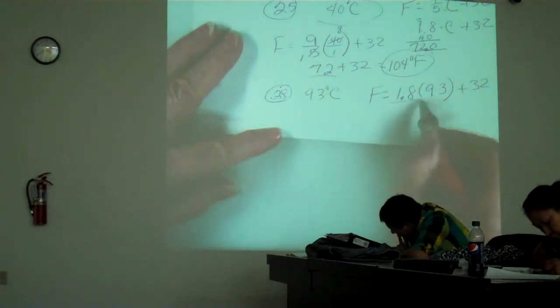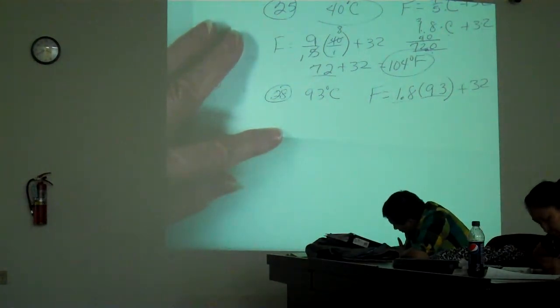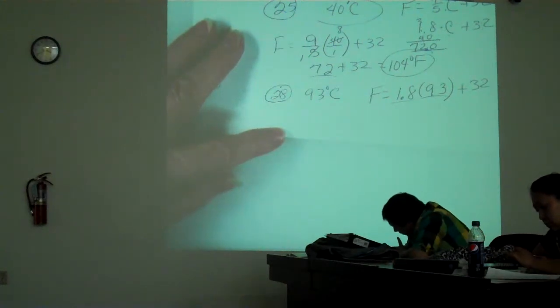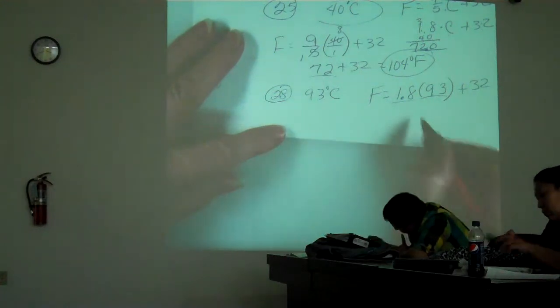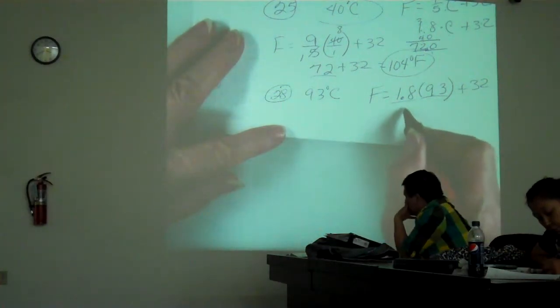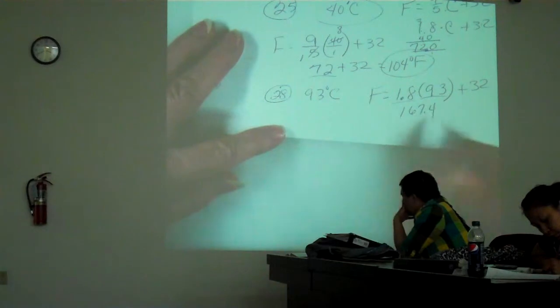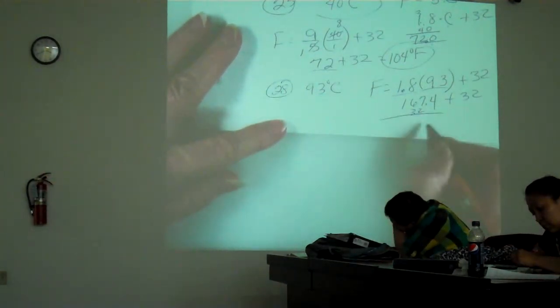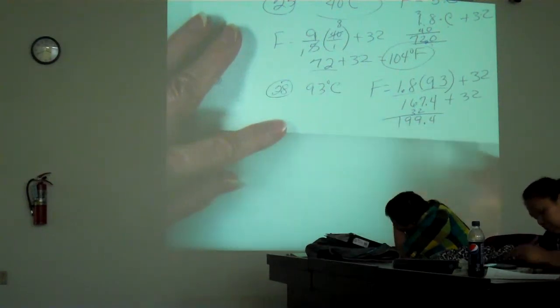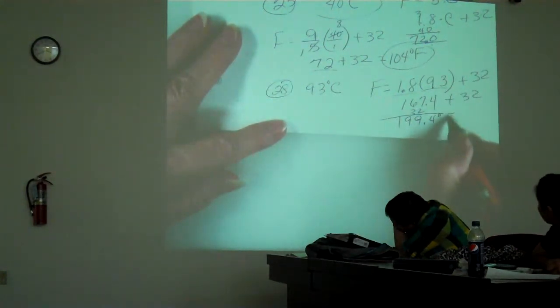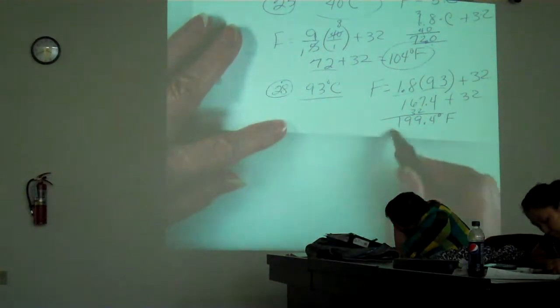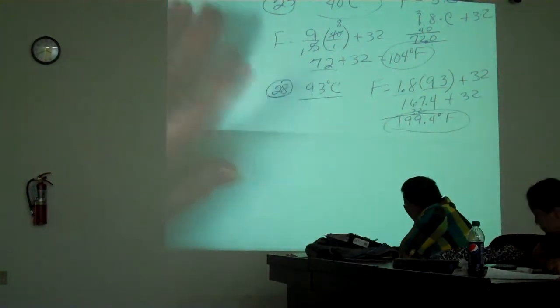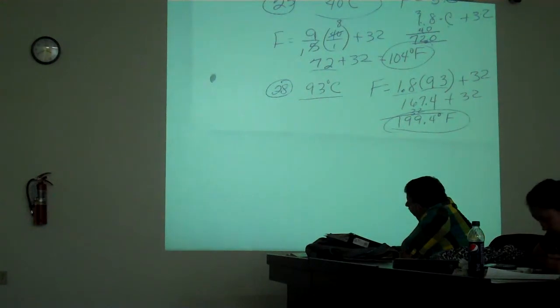So do 1.8 times 93, and what do you get? 167.4. Okay, plus 32 is 199.4. So 93 Celsius is 199.4 Fahrenheit.